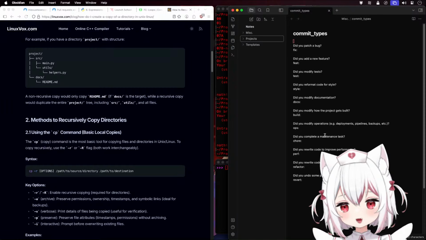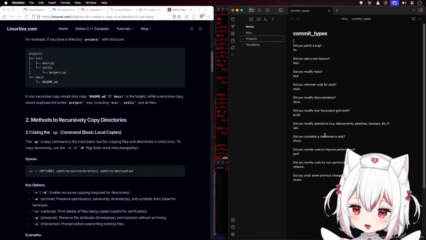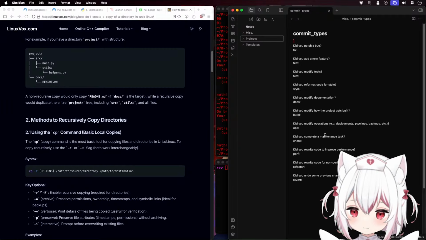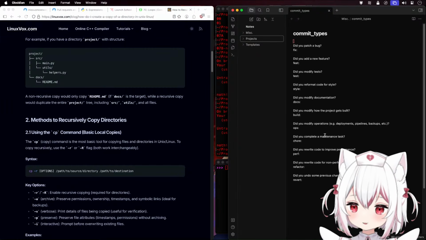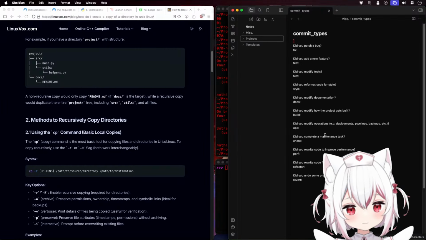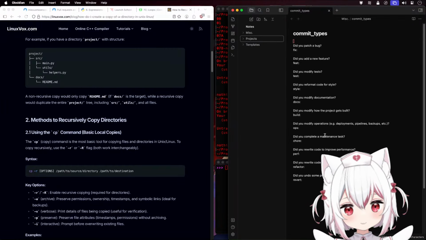Are notes documentation? If it was notes about how the project works, I would call it docs. You didn't miss anything. This is a chore.